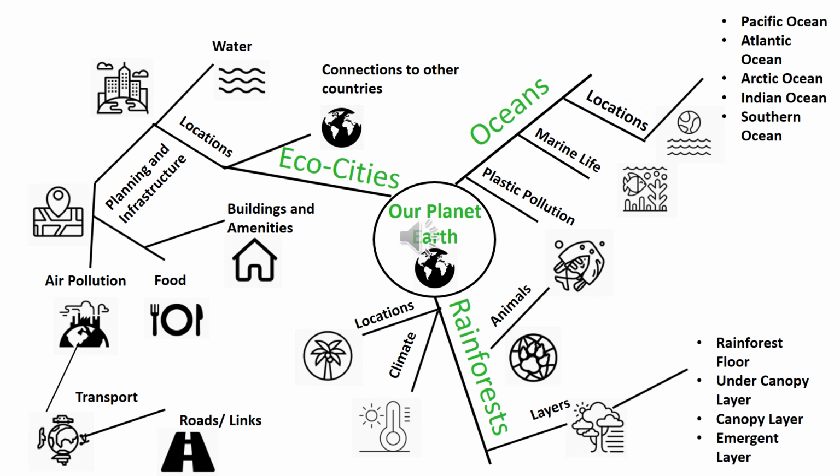How are you going to be able to control the effects on the environment, such as air pollution and plastic pollution? What about the food? How would you source food? Buildings and amenities? What about transport? How will there be links from place to place? You should now be able to talk your way through a simple plan of an eco-city.